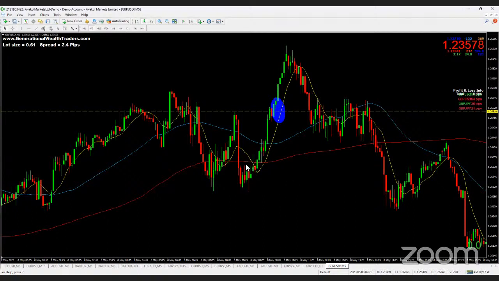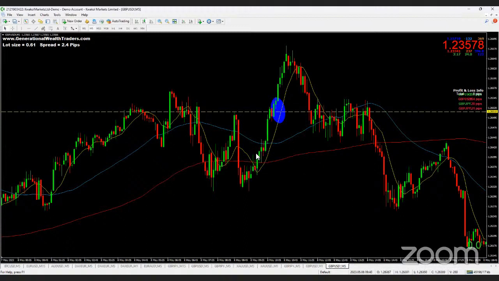You'll be looking to enter perhaps when price breaks either the 10 SMA, which is the yellow wiggly line, or breaks the 200, or breaks the 50. So you will be looking to enter when price breaks any of these three moving averages.